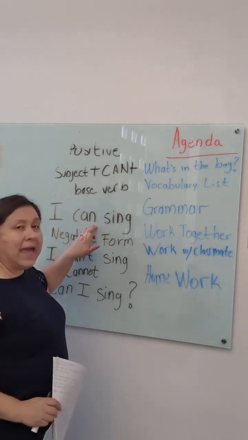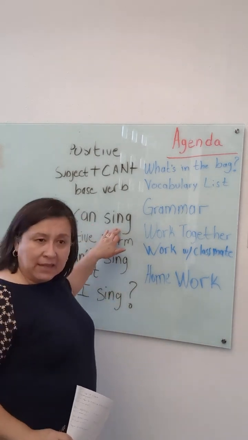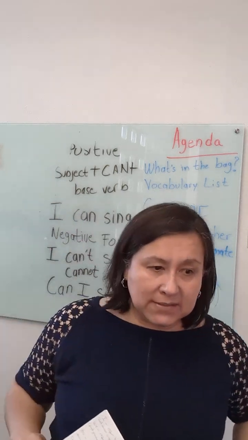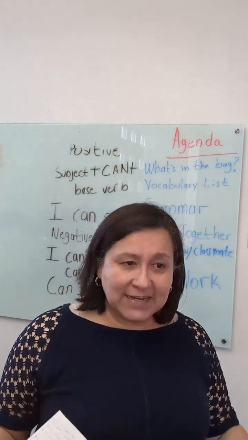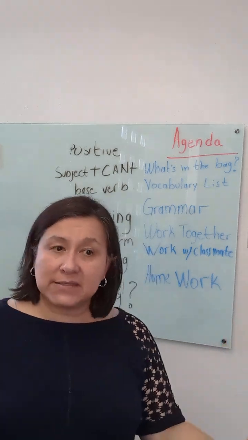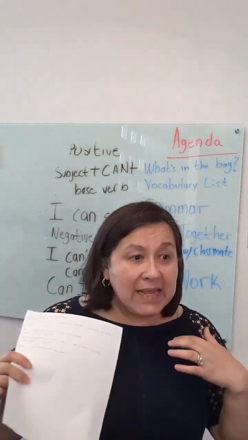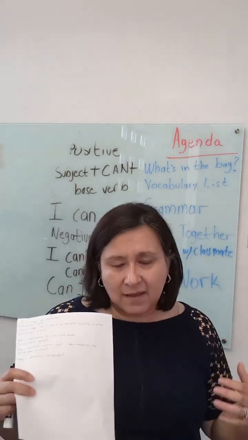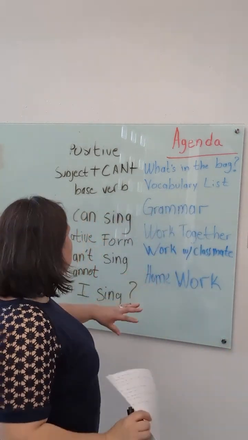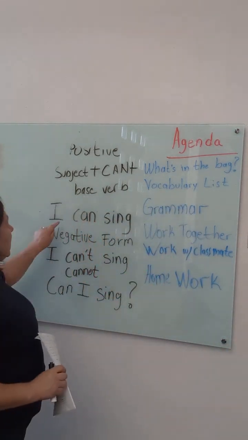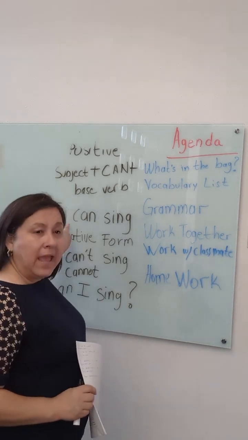I can sing. Now you have it on your list, that word sing, la la la la, right? So I can sing. That means I am able to sing. Not that good, but I am, okay? So this one is in positive form.